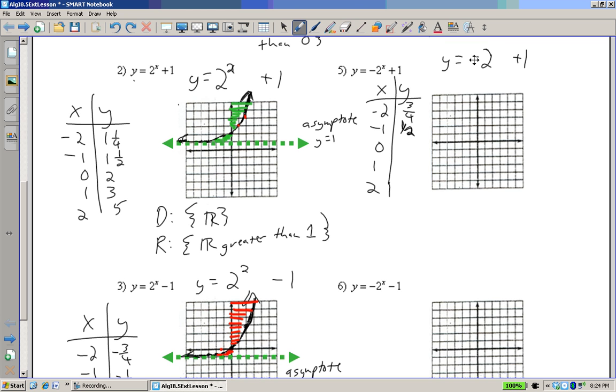Okay, and this is negative 2 to the 0, or the opposite of 2 to the 0. 2 to the 0 is 1. This is just the opposite of. There's not parentheses here. That would have made a huge difference. So y equals negative 1 plus 1, which is 0. Let's plug in 1.